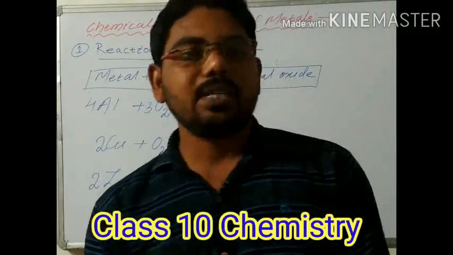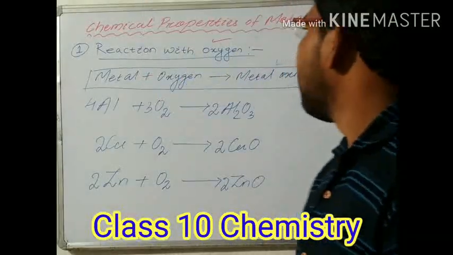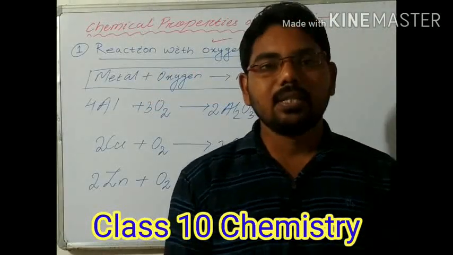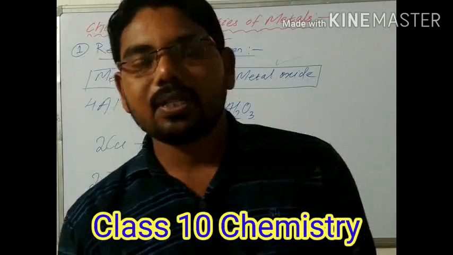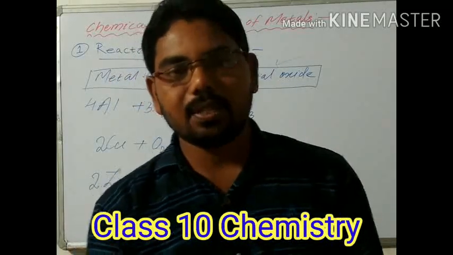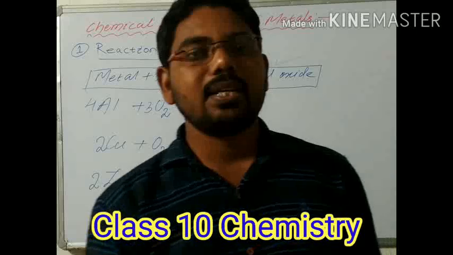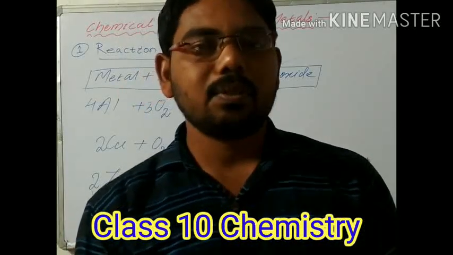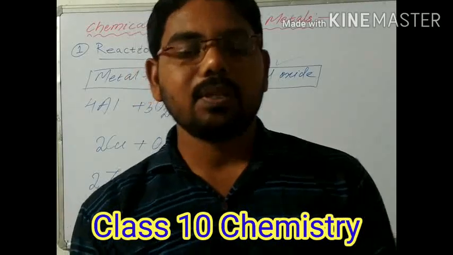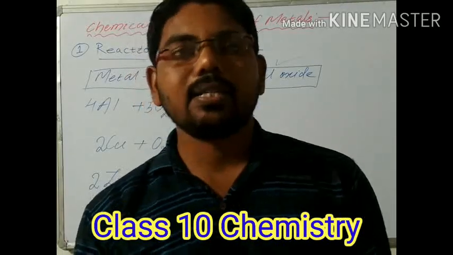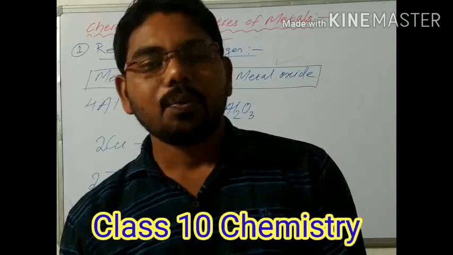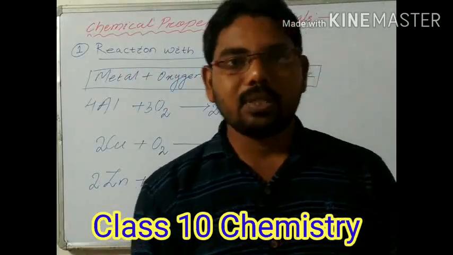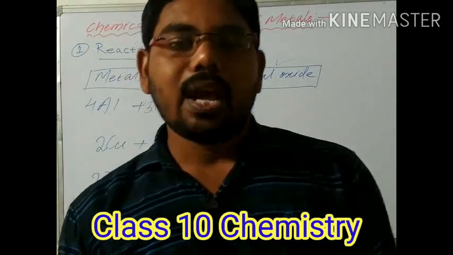So let's start. Mainly, some important reactions occur in the chemical properties of metals. First, metals react with oxygen or air. Next, metals also react with water; most metals react with water and form their hydroxides.